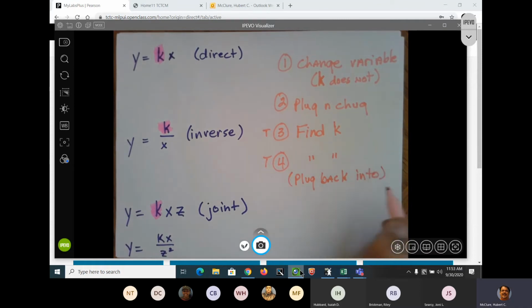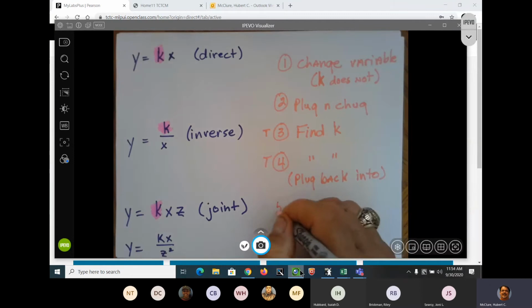In other words, they want an equation. Find the equation where blah, blah, blah varies inversely as blah, blah, blah. And you go through and you change the variables, you plug and chug, you find K, and then you rewrite the new formula with the number that you found for K in the formula.